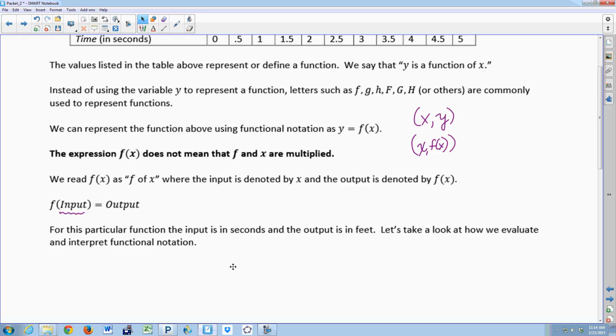When you evaluate your function at that input, out pops your output. In this particular example, my input is the time measured in seconds. When I put that input into my function, I get the output, which is the height of the baseball in feet.